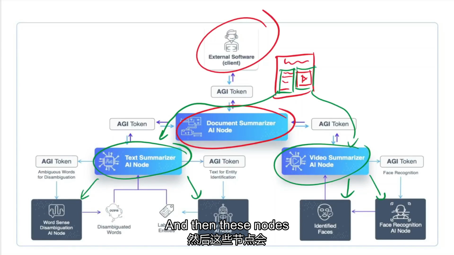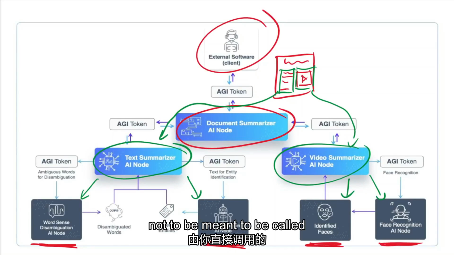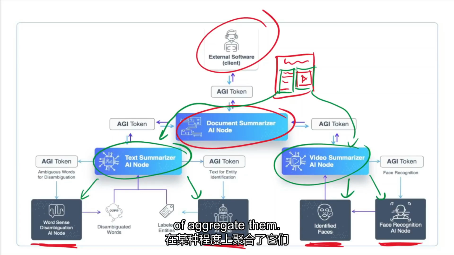So every node can call other nodes in the network. And at the bottom, you'll have these AI primitives, like face identification, entity extraction, and so on. They are not meant to be called by you directly. They're meant to be called by higher level nodes that aggregate them.